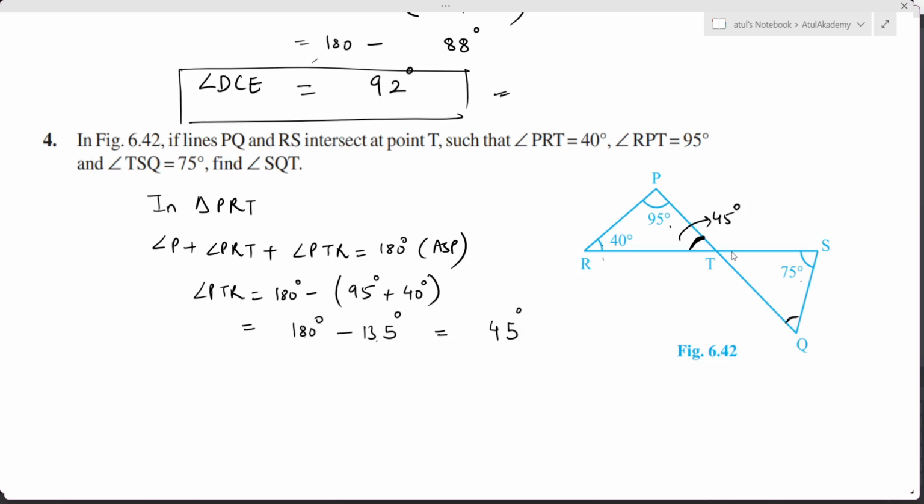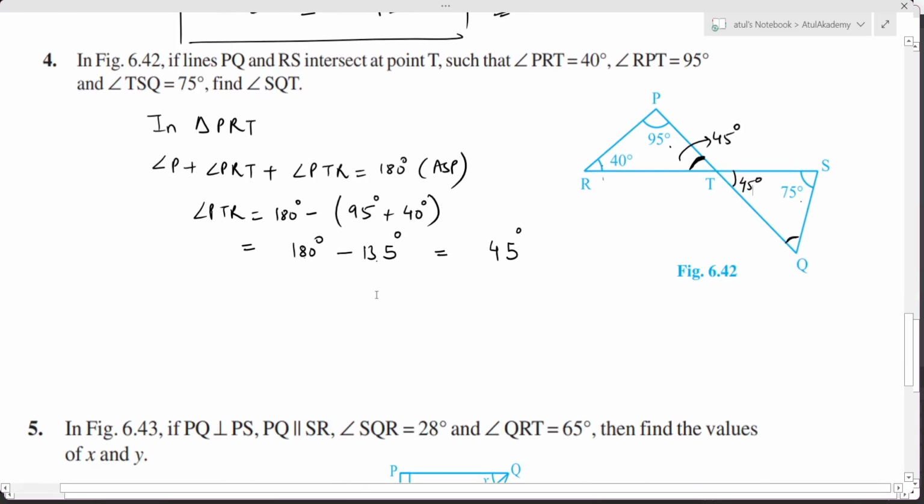One way, you use the vertically opposite angle, 45 degrees, then the angle sum property, done. Another way, you find this out as a linear pair, find this angle, it will come out as 135. And then from 135 subtract 75, you will get the answer using the exterior angle property. So whatever is easy for you, whatever comes to your mind first, use that.